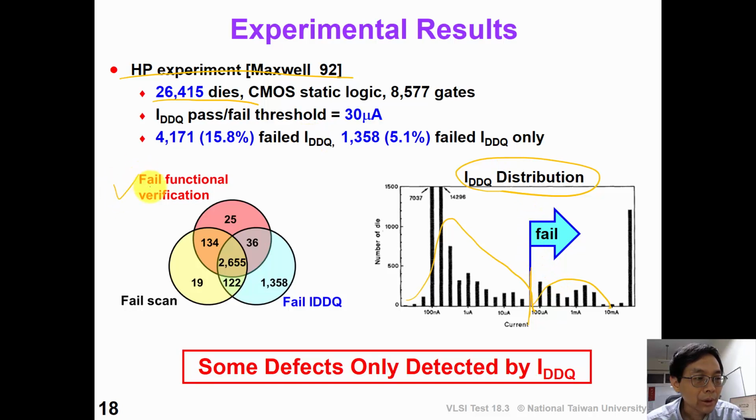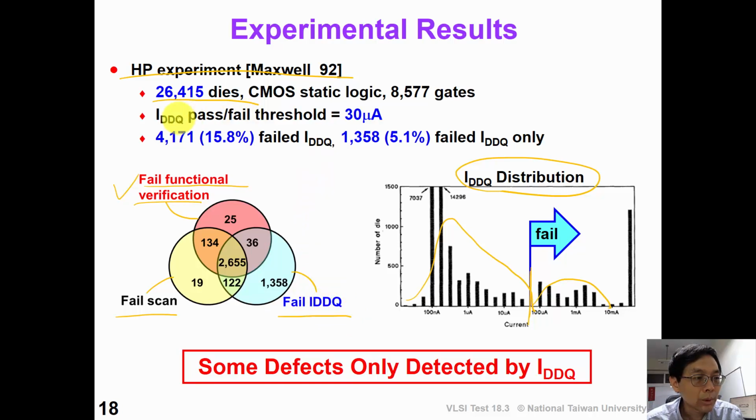This Venn diagram shows the experimental result. The red circle shows the number of chips that fail functional verification testing. The yellow circle shows the number of chips that fail scan test, and the blue circle shows the number of chips that fail IDDQ test.